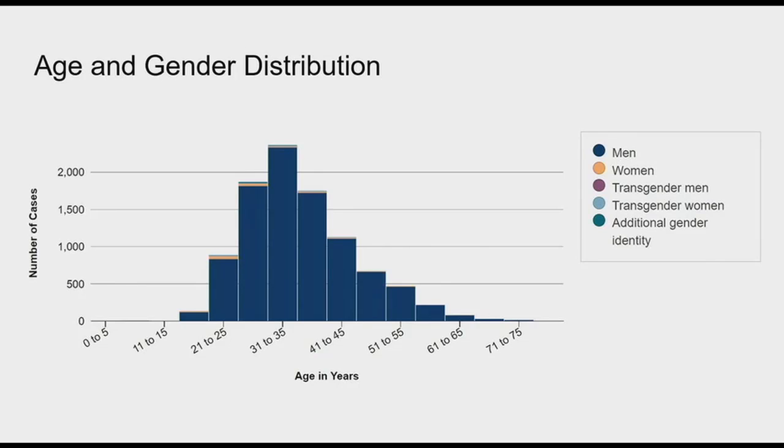If you look at the age and gender distribution, you can see that males are predominant in all cases of monkeypox, and the age distribution is between 20 to 50, with the highest incidence in the age group 31 to 35.